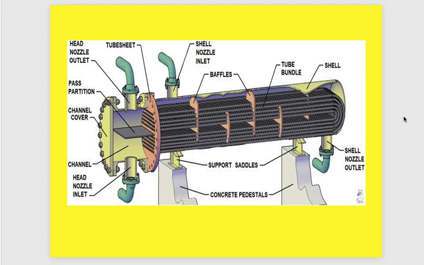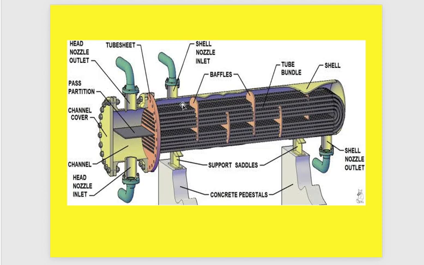Here is the general diagram describing the shell and tube heat exchanger. Normally, this type, first of all, is the U-tube heat exchanger. Here we can find the tube inlet and the tube outlet, as we can see.